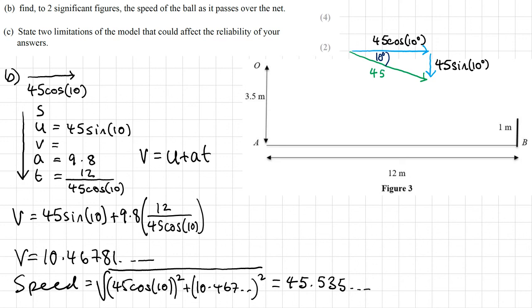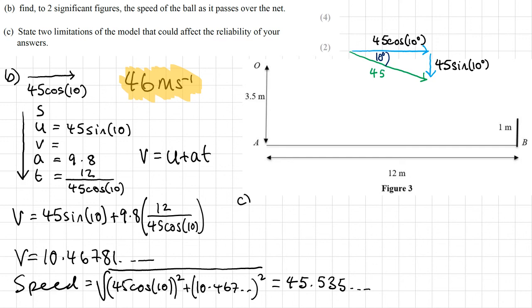We need to give a number which is correct to two significant figures. So we can write down an answer of 46 meters per second. So there's our speed. Pythagoras done on the horizontal and vertical parts of the velocity.